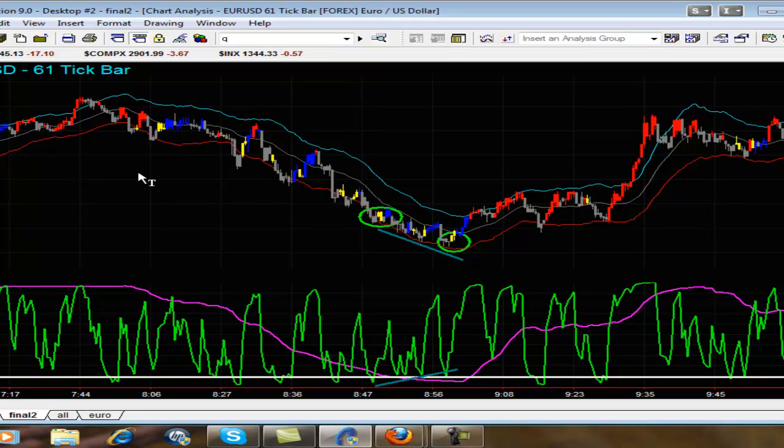Now, with the Euro, we don't require that the purple RSI hits the 10s. But what you do want to do is trade with it at least very, very close to the 10s. We all know the Euro is very unpredictable.